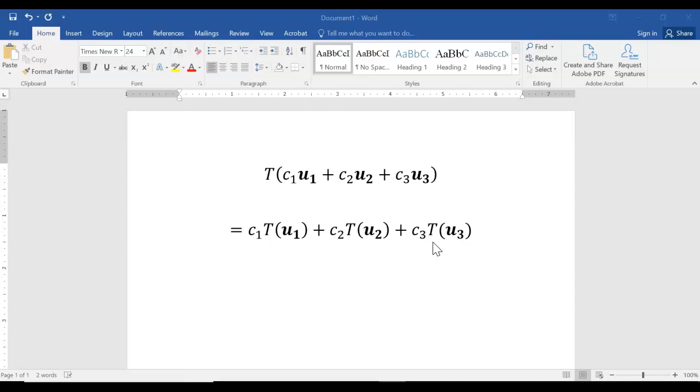So linear transformations preserve linear combinations.